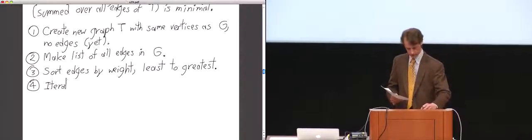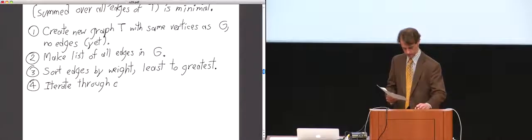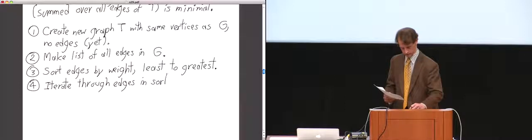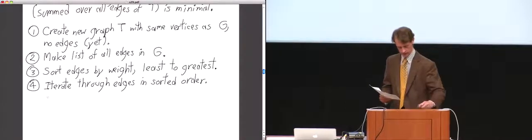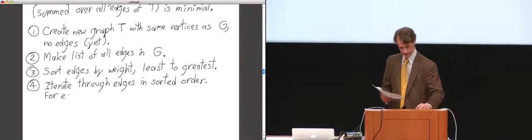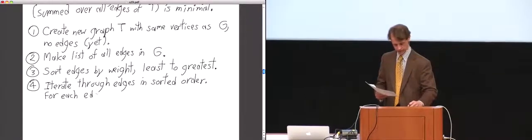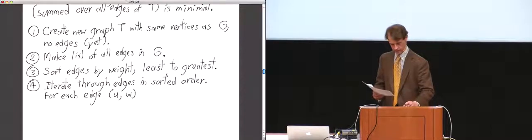So we iterate through the edges in sorted order, from smallest weight to biggest weight. And for each edge in the list, let's call the current edge UW.